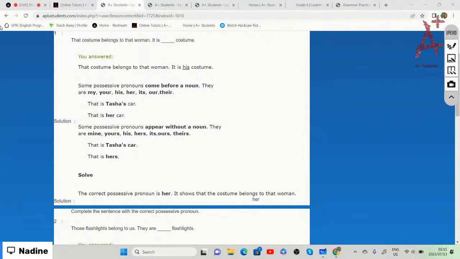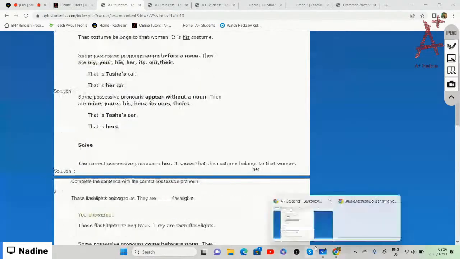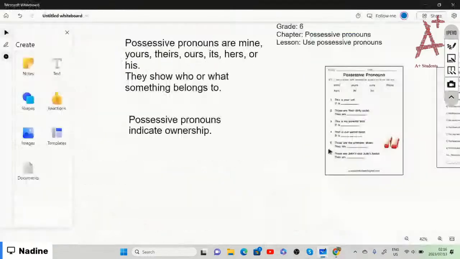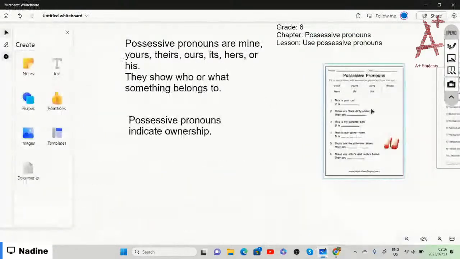Then we also have possessive pronouns which appear without a noun, right? And these possessive pronouns are mine, yours, his, hers, its, ours, and theirs, right? All right, before we go on to the test, we are first going to do an activity on possessive pronouns.